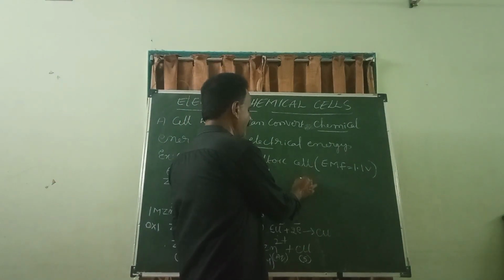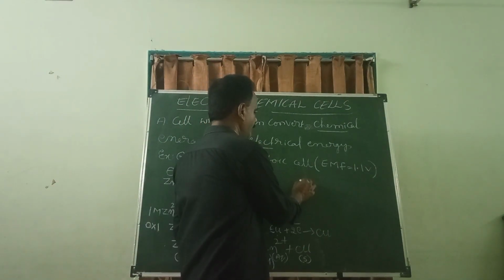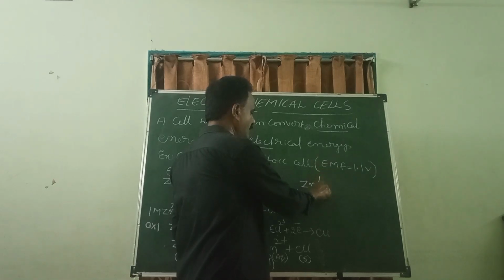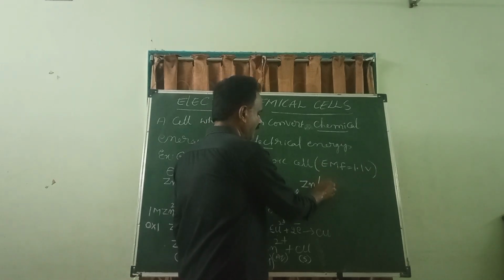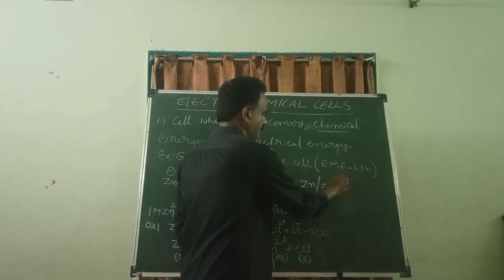While notating galvanic cell, the atomic state of anodic half cell should be represented at first, followed by ions or ionic state. This is also sometimes called molecular state.